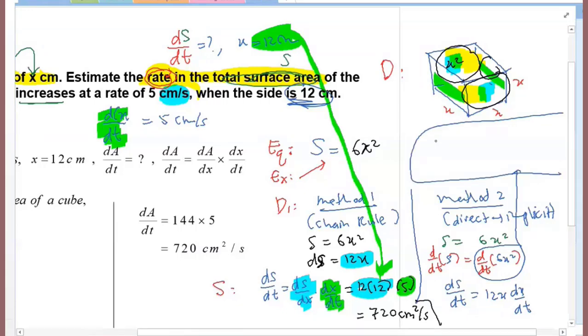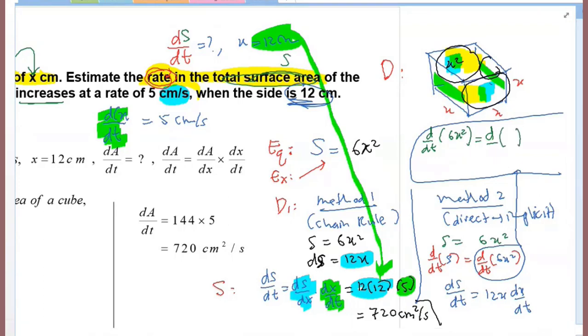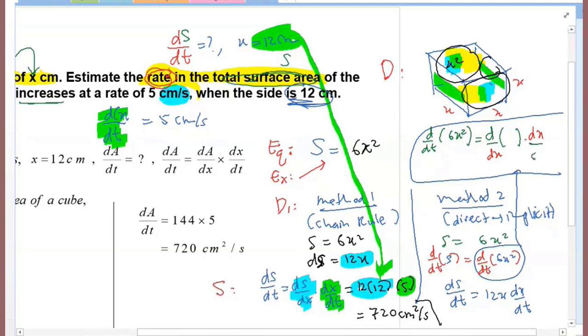So d/dt of 6x squared. Before you can differentiate, you need to use the chain rule, d over dx times dx over dt.